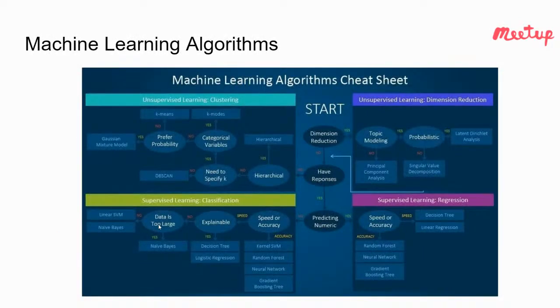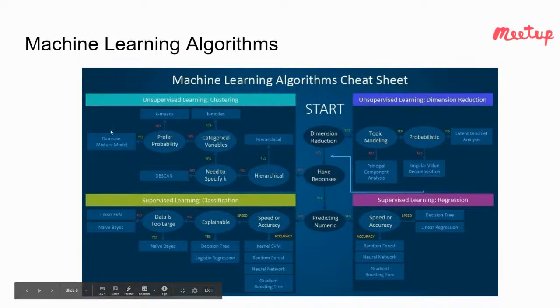So this is a broad sweep of machine learning algorithms. We certainly won't be covering all of them. Typical ones, things like decision trees and support vector machines, we won't be talking about at all. Random forests, neural networks, which we'll be talking about considerably, boosting trees, which are related to decision trees, linear regression.